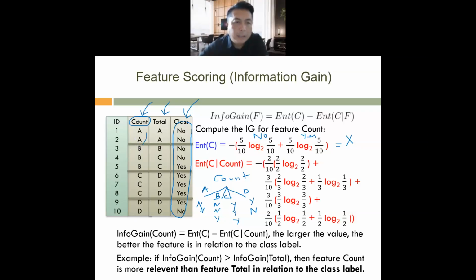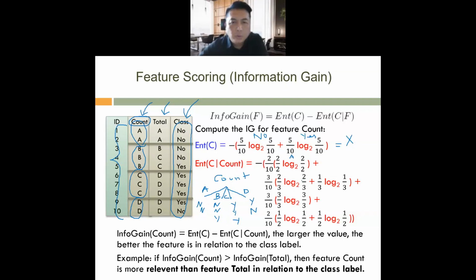Okay, so when we use the count attribute to split our data, then we can compute the entropy by computing individual entropy. Okay, and also when we compute the overall, we have to take into consideration the weightage. So for the A, we have 2 over 2 log 2 2 over 2 because we have 2 A's, and the weightage will be 2 over 10 because we have only 2 items in this partition over 10. So we have 10 samples here.